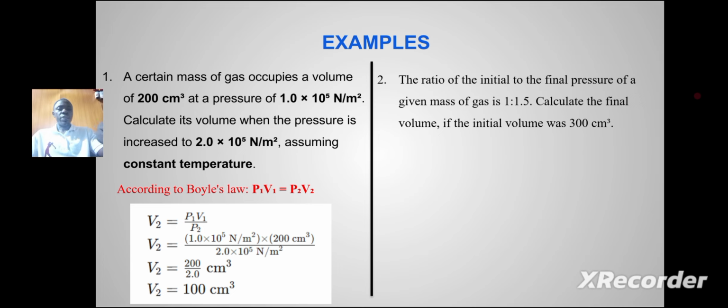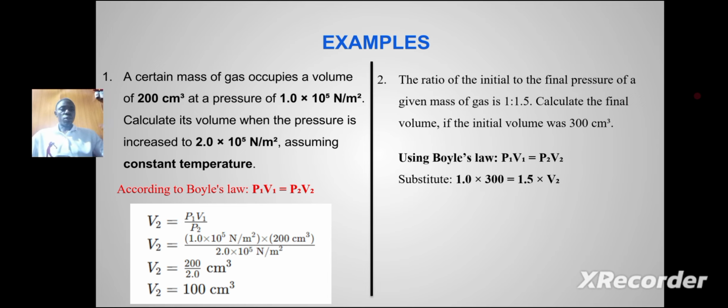Once you multiply and divide, you get that the second volume is 100 cm cube. Take note, when pressure and volume are given and temperature is kept constant, the law to be applied is Boyle's law.